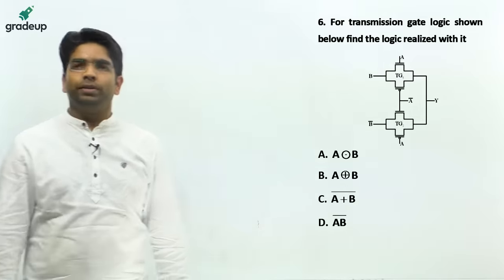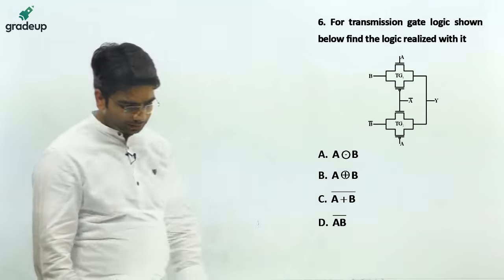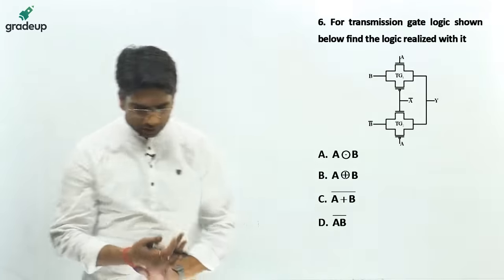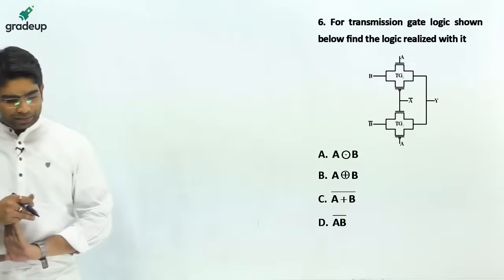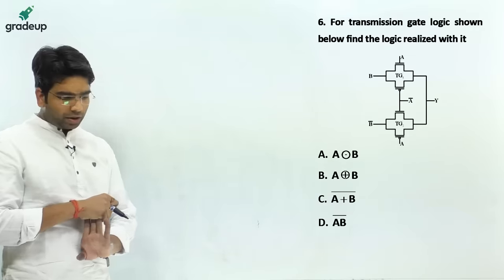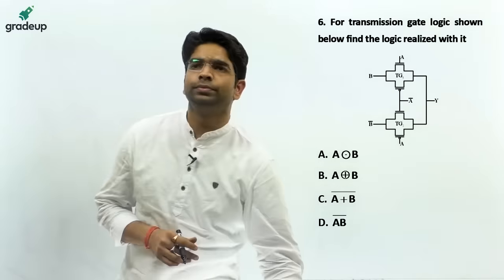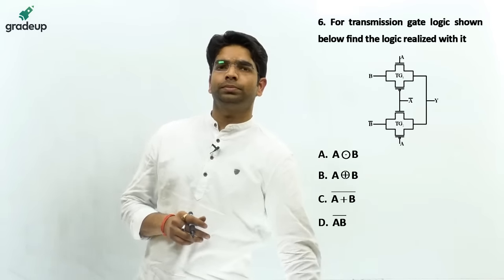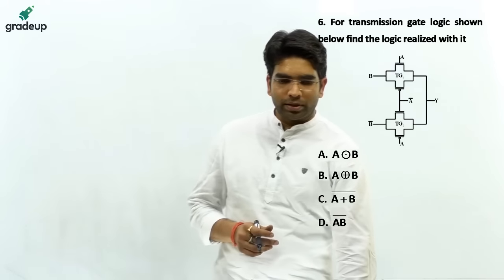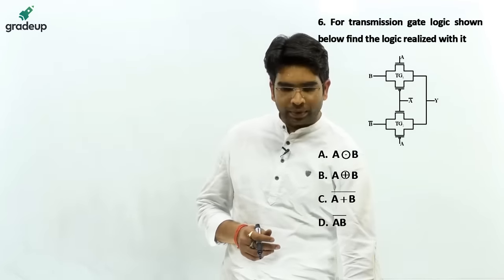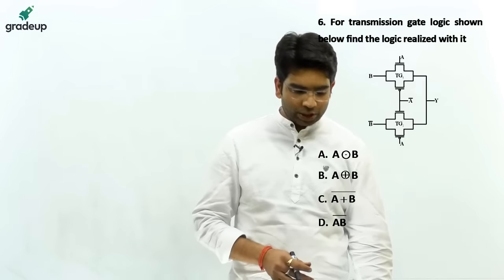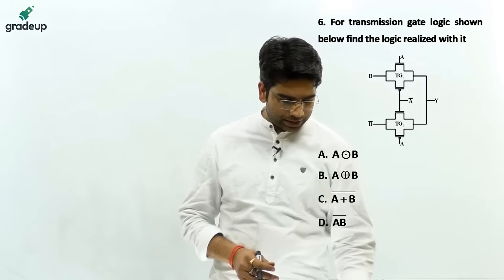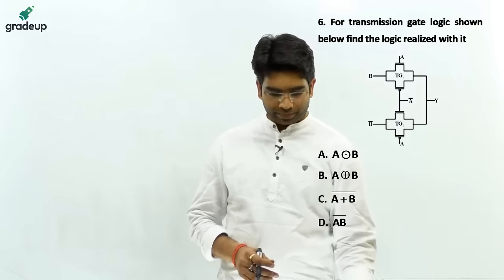I0 should be 1. Pramod, please go through it again, and you tell me how the I0 will be 1. This is the value of the transmission gate logic that is being asked.